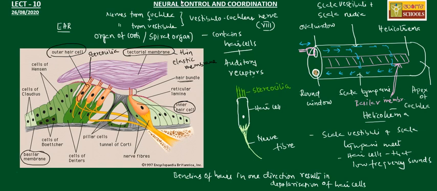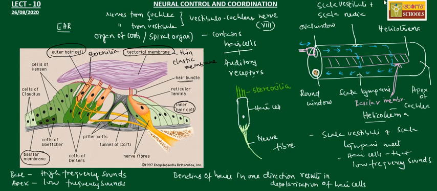The base of the cochlea will receive high frequency sounds, whereas the apex will receive low frequency sounds, and of course the middle portion will receive medium frequency sounds.